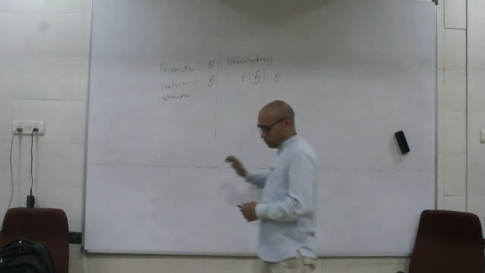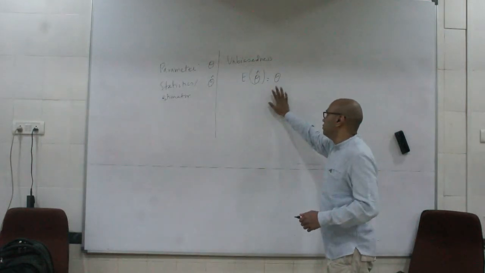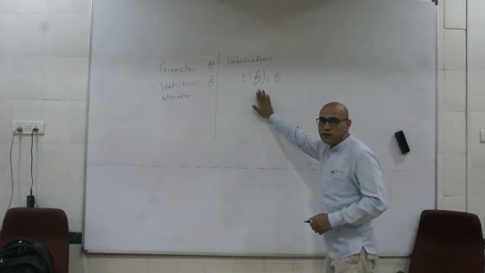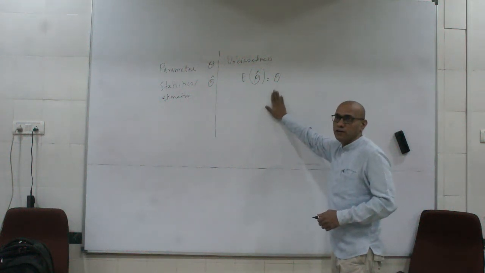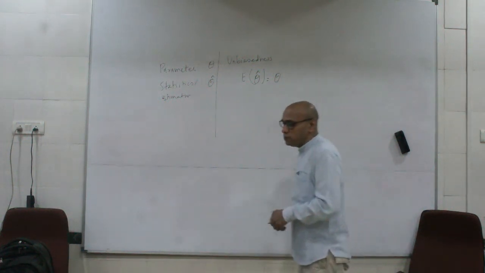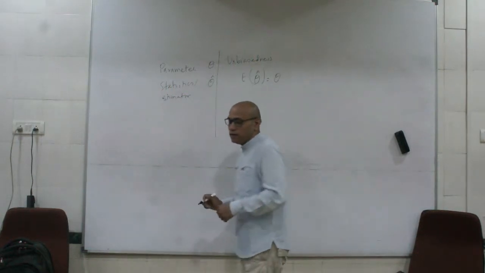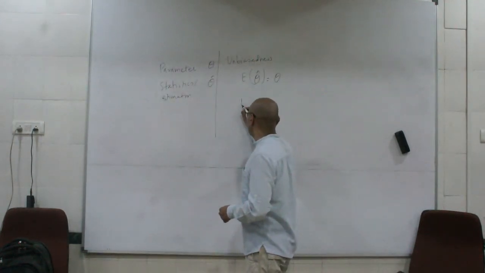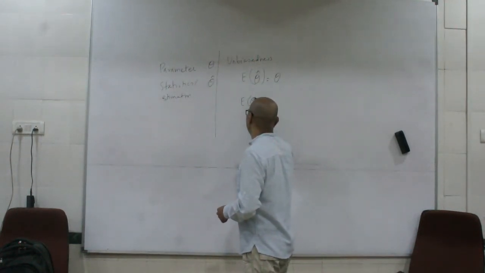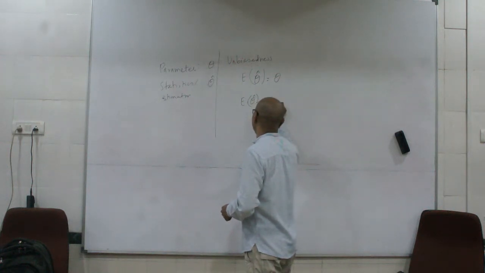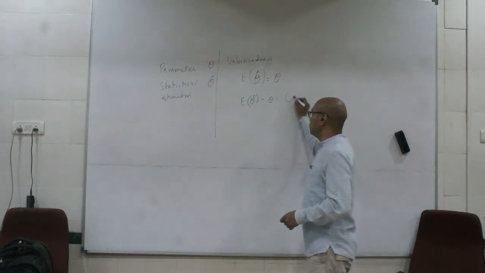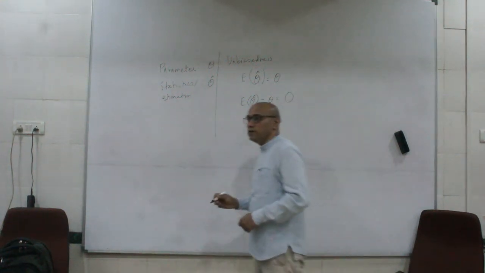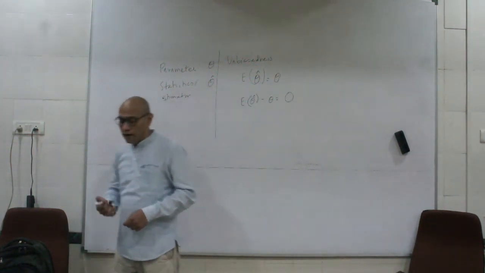When the expectation of theta hat is equal to theta, theta hat is called an unbiased estimator of theta, which means that the expectation of theta hat minus theta would be 0.